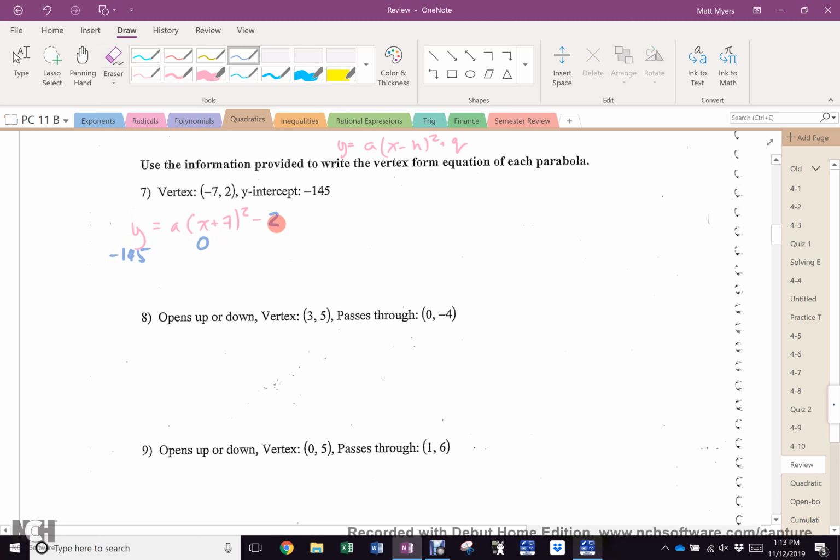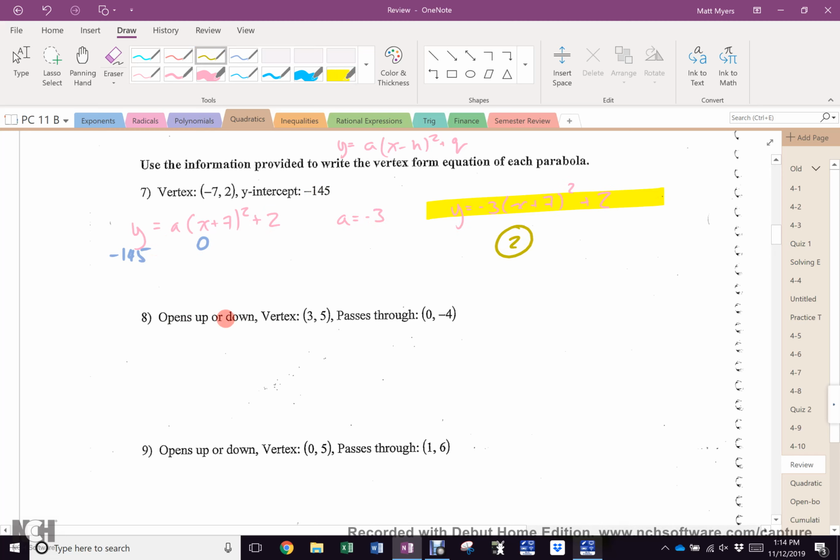This is 2. Now you put that in and you solve it and you find that a equaled negative 3, I believe. So y equaled negative 3, x plus 7 squared plus 2. That gets you 2 marks because you had to know what to do with it.